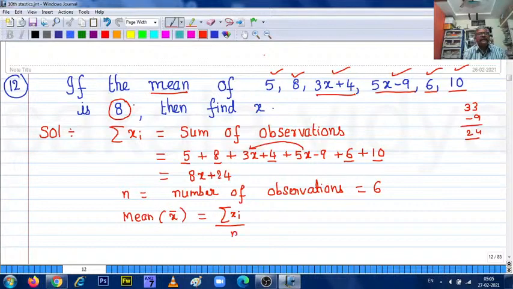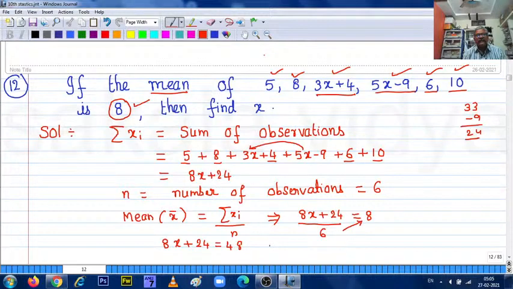Now the mean is given by the formula, mean x bar equals sigma xi upon n. But the mean is given, equal to 8. So sigma xi is 8x plus 24, upon 6, equals 8. Cross multiplication: we get 8x plus 24 equals 6 into 8, that is 48.